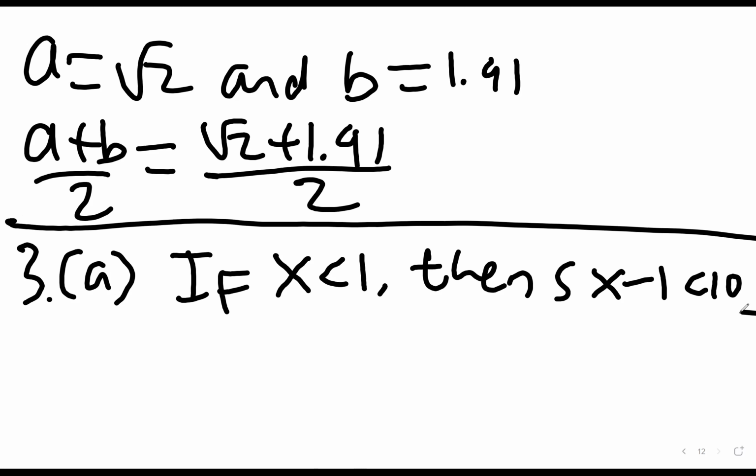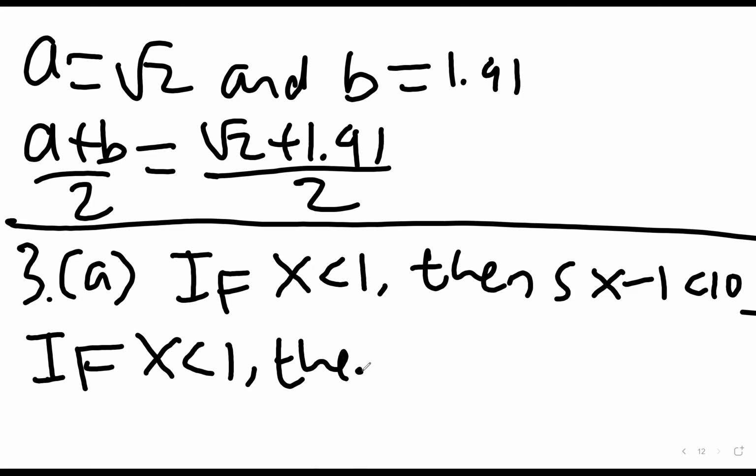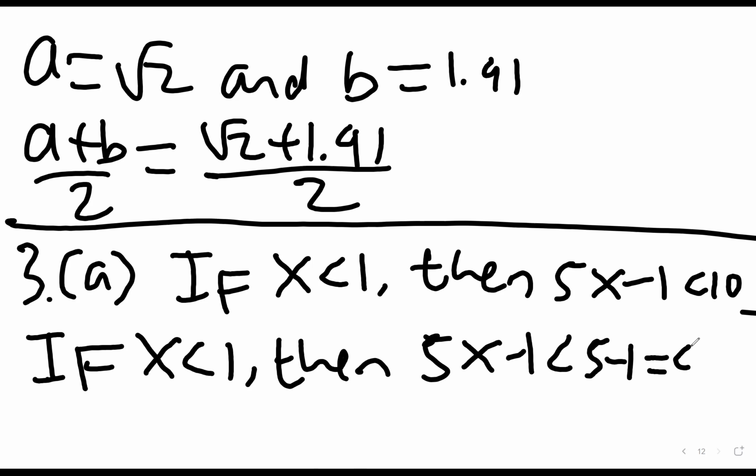This is actually correct, because if x is less than 1, then 5x minus 1 is less than 5 minus 1, and that will be 4. And 4 is obviously less than 10. So this statement is correct.